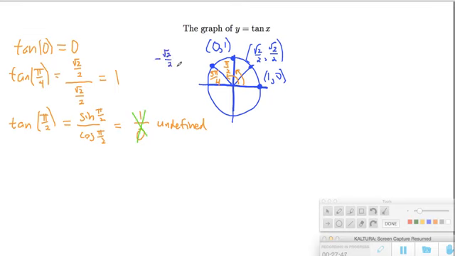So this is negative square root of 2 over 2, comma, square root of 2 over 2 for this point right here. So if you're going to try and take a tangent of 3 pi over 4, you're going to get the sine divided by the cosine. This is square root of 2 over 2 divided by negative square root of 2 over 2. In this case, you get a value of negative 1.